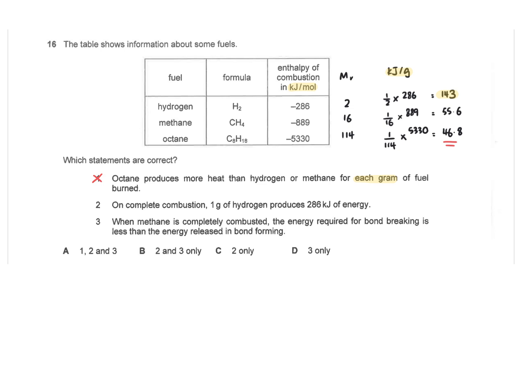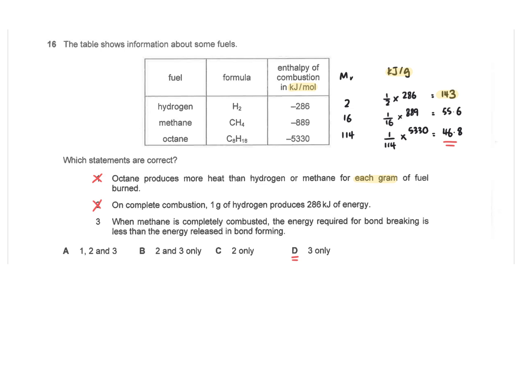Next, on complete combustion, 1 gram of hydrogen produces 286 kilojoules of energy. This is also wrong because each mole of hydrogen is made up of 2 grams of hydrogen. So once you have ruled out 1 and 2, obviously the answer is 3 only.